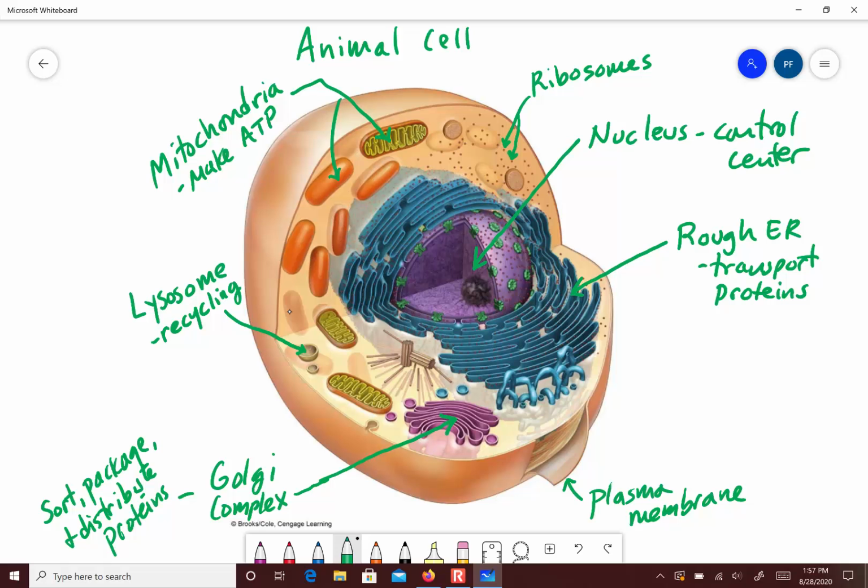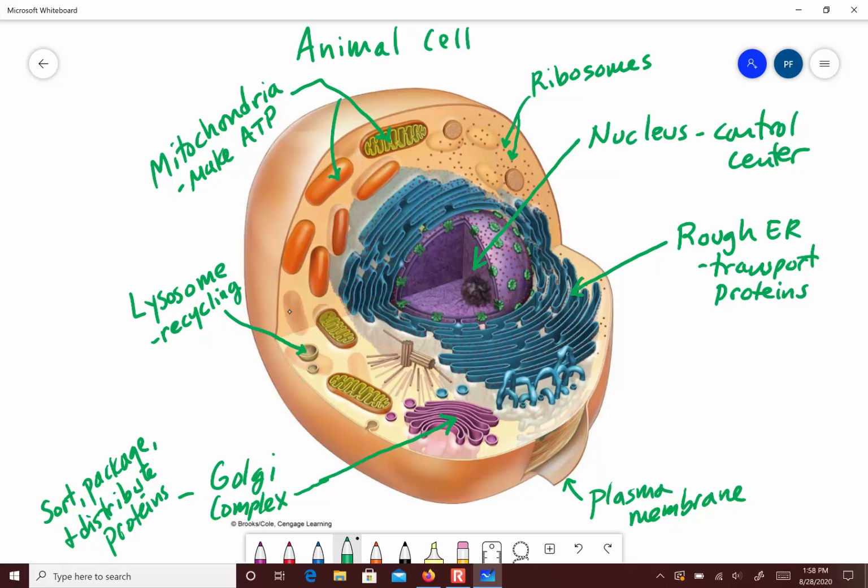If you remember from our chemistry section, ATP is the energy currency inside cells. So this animal cell, whatever it's doing that requires energy, it would be getting that from ATP. These mitochondria act as the powerhouse of the cell. They're building that ATP.